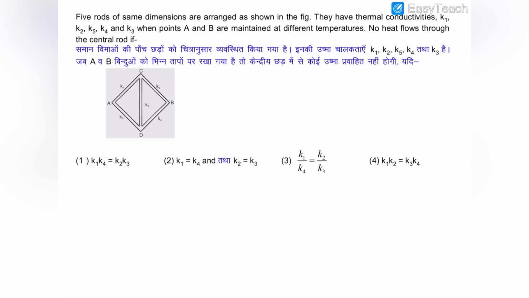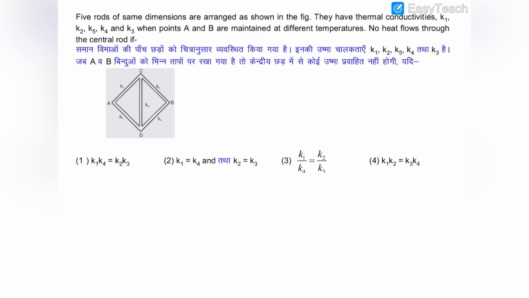In this question, we can see that there are 5 rods of the same dimensions and their conductivities are shown in the figure. It is given that there is no heat flowing through the central rod and we have to find out the relation between the K's.